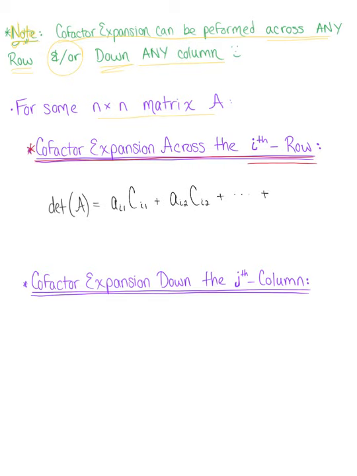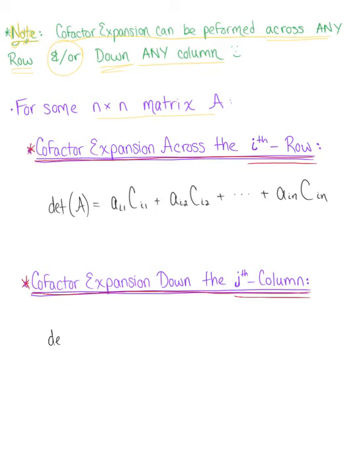We continue all the way up until we have the entry in the ith row nth column times the corresponding cofactor. And then alternatively, we now have cofactor expansion down the jth column.